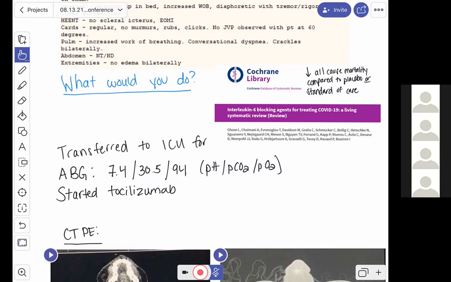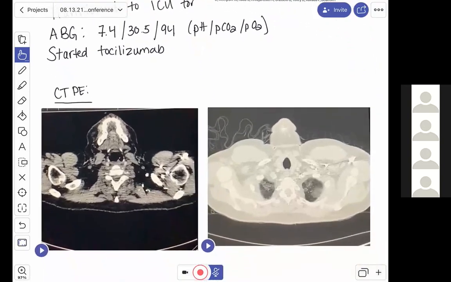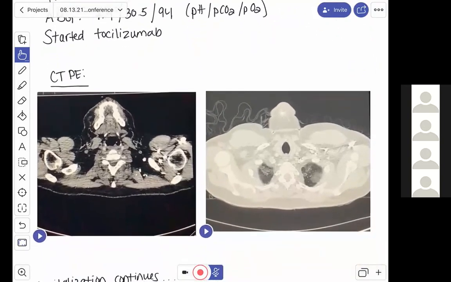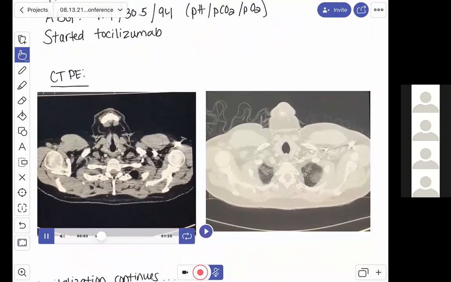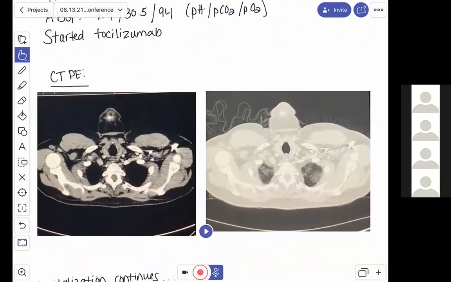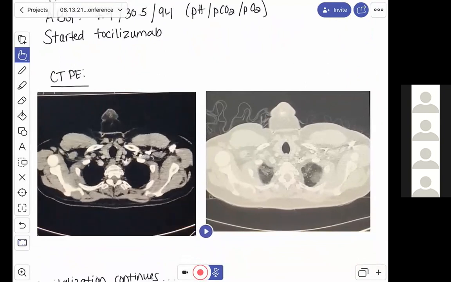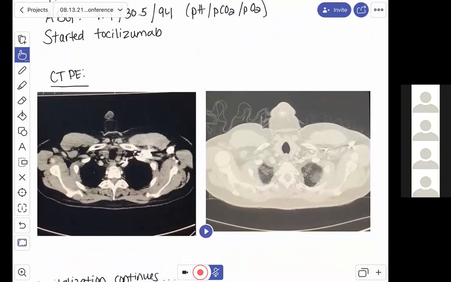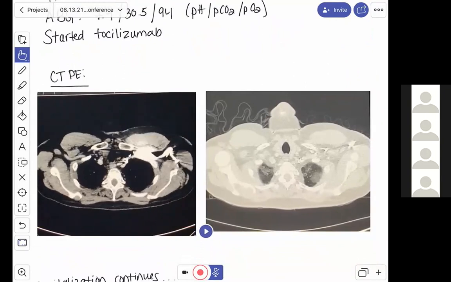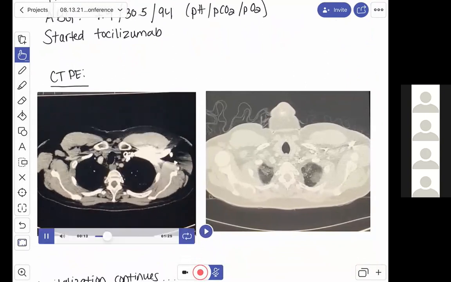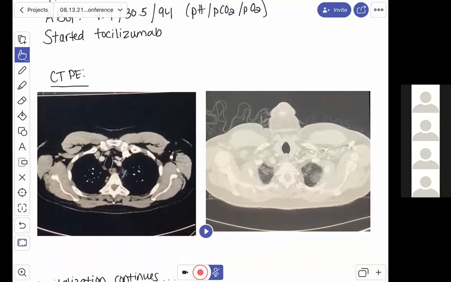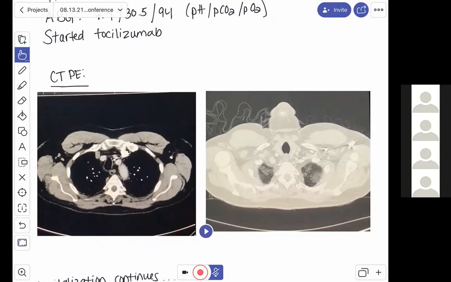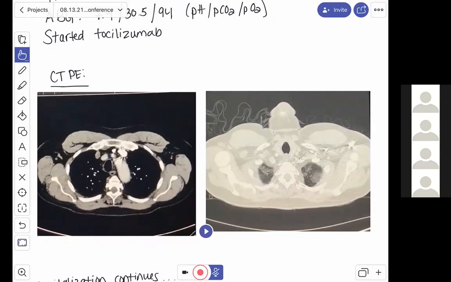All right, you guys ready to look at some images? I will start off on the left. I will loop it for you. So this is his CTPE. Yes. And it's going slow enough, we'll probably just watch this once.